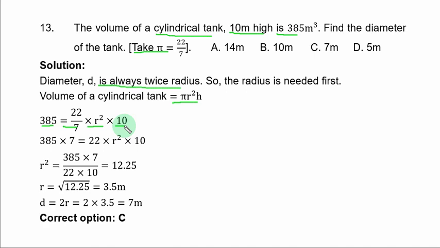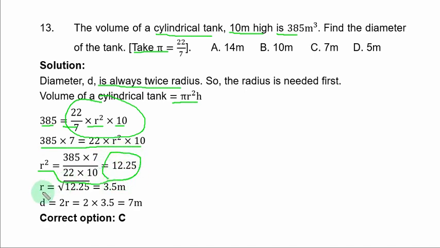Multiply through by 7 to clear fraction. Notice that everything here is a single term. So you have 385 times 7 equal to 22 times r squared times 10. To get r squared first, divide both sides by 22 times 10. That is r squared equal to this, and that simplifies to 12.25.